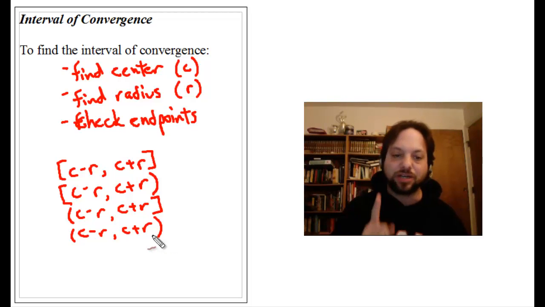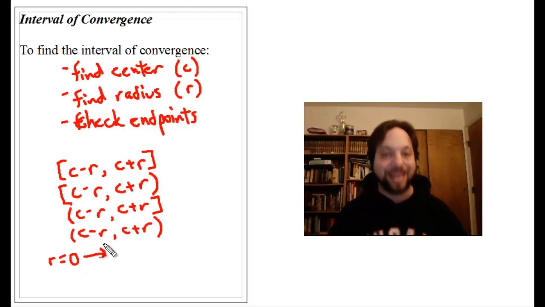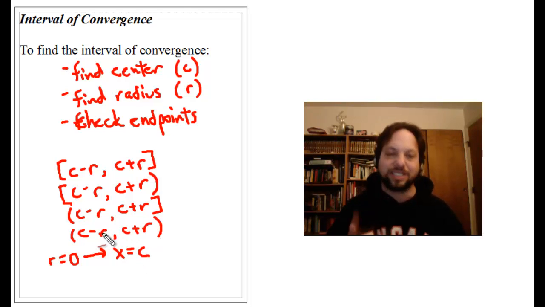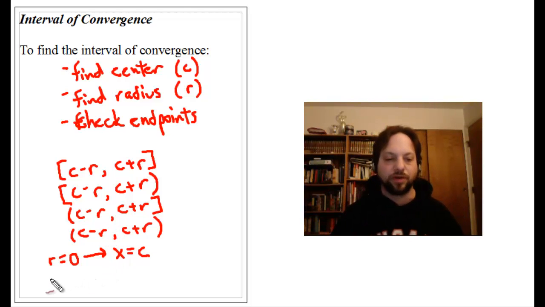However, I do want you to consider what would happen if our radius of convergence is 0. What would our interval of convergence look like then? Well, it would just be x equals c. If you plug in 0 for r, we get c comma c, and that's our only point where we will converge. Finally, what if our radius is infinite?